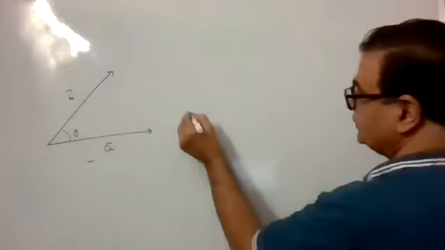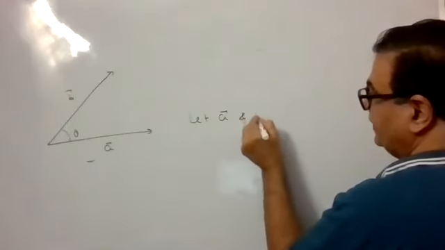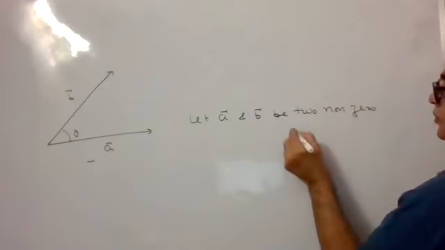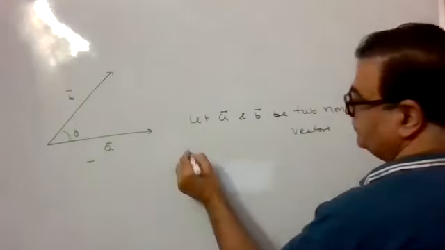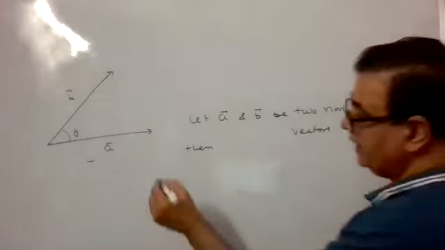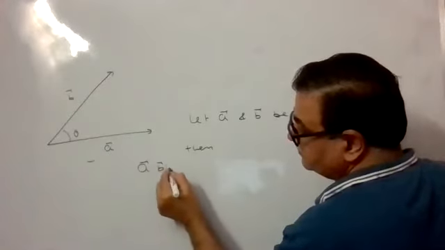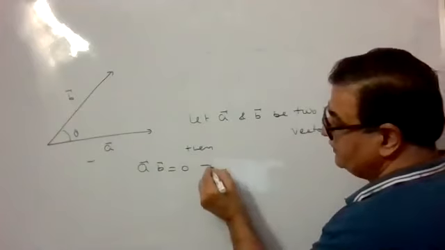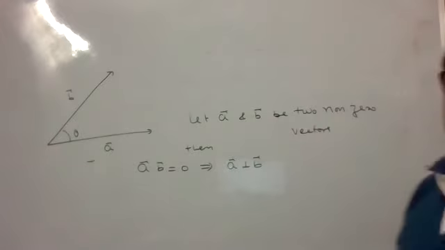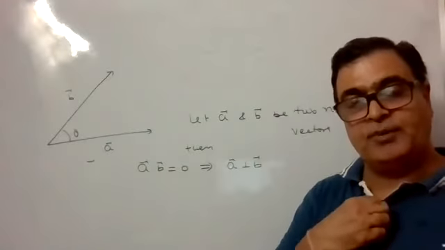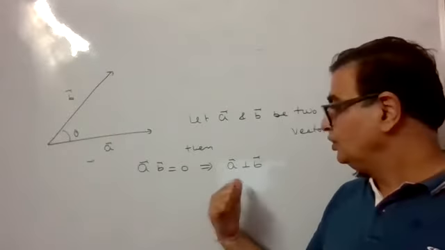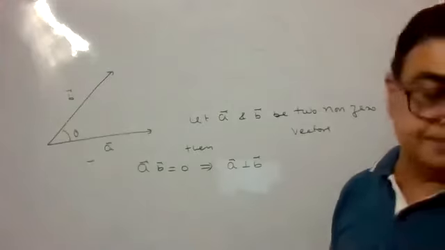Let A and B be two non-zero vectors. Then A dot B equal to 0 implies A is perpendicular to B. If there are two non-zero vectors and their dot product comes out to be 0, then we should keep in mind that whenever the dot product of two vectors is 0, they will be perpendicular to each other.